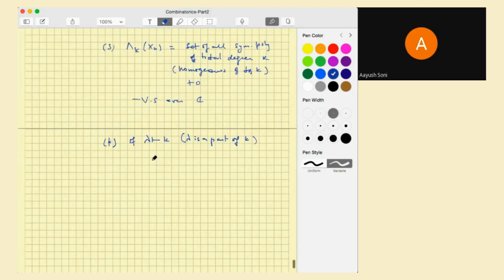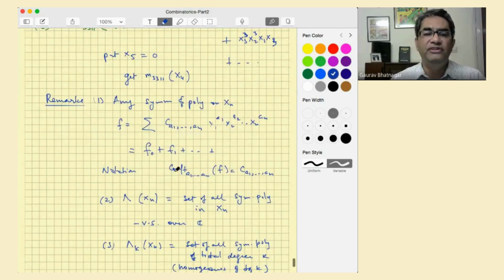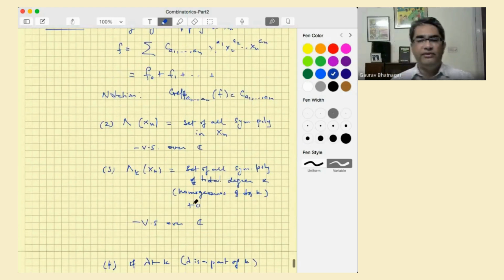Yes, in the first remark, what is the notation that you have defined? I just called this coefficient of a1 to an, is this number C, whatever that means.